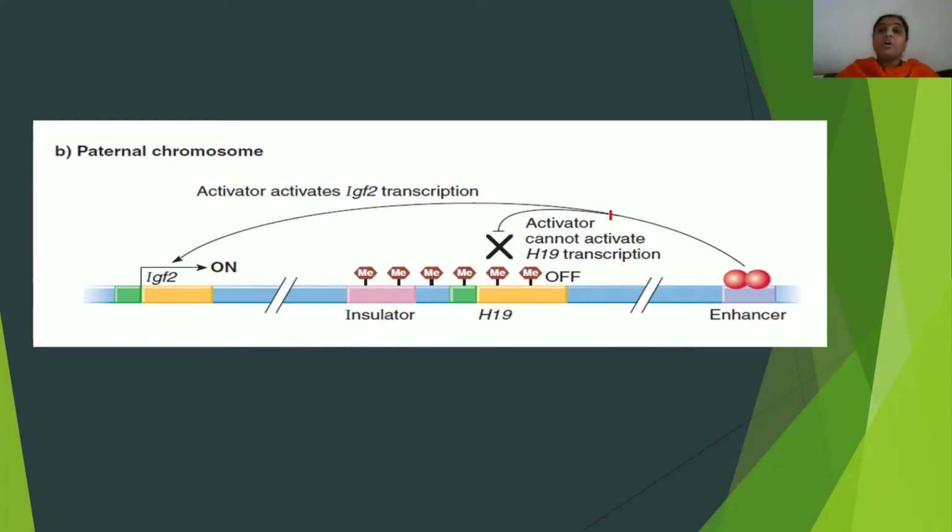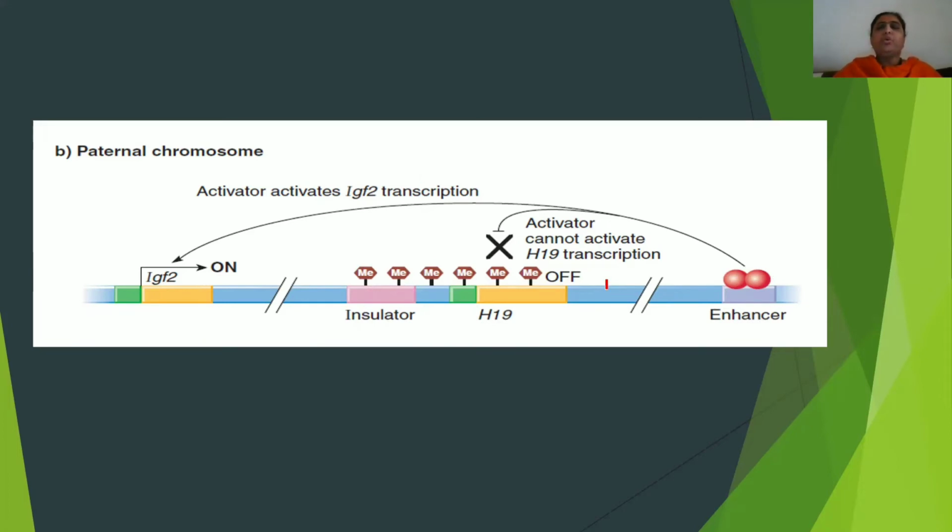So it cannot inhibit the effect of the enhancer, the activators which are bound to the enhancer over the IGF-2, meaning the IGF-2 is now expressed. How? By not allowing the CTCF to get bound with the insulator, by the methylation of the insulator. So the IGF-2 is expressed.